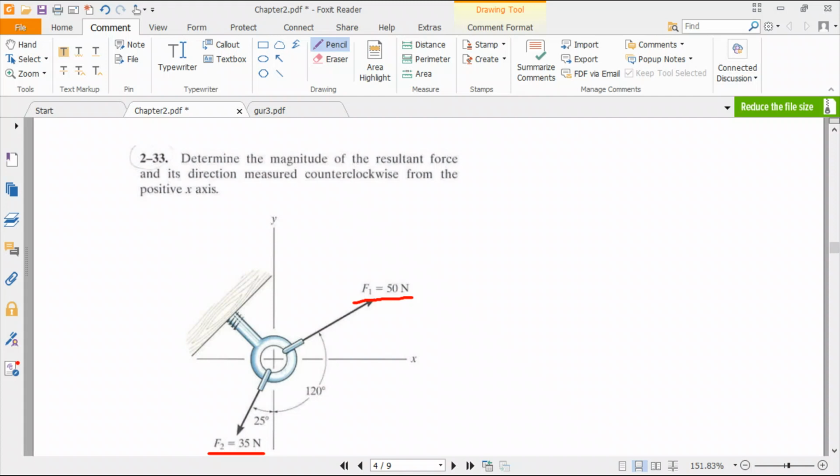It is given as 120 degrees. Okay, so let's see how we can solve the problem now.